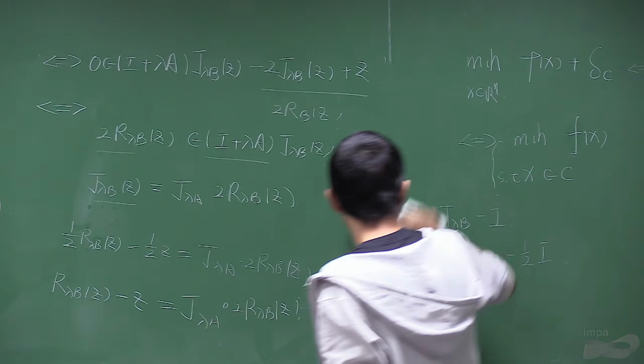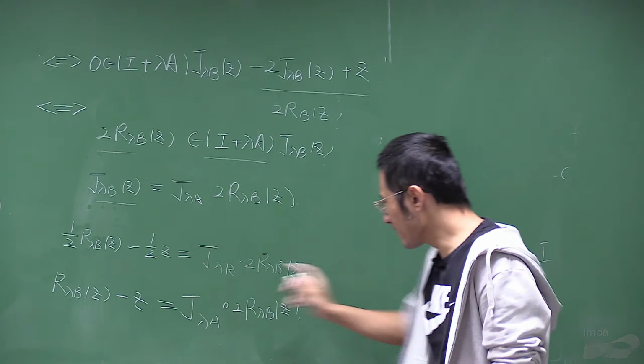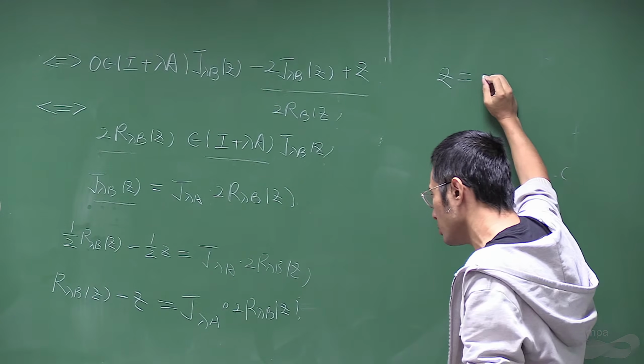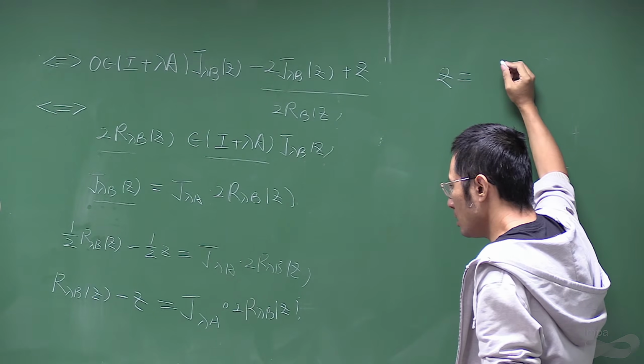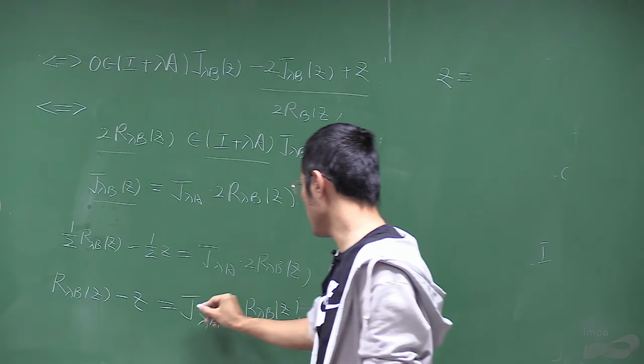And then we put z on one side, and it equals, sorry, we have 2 here.